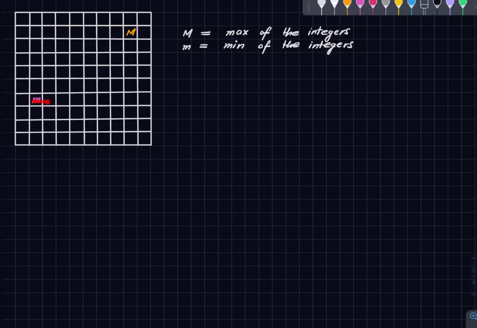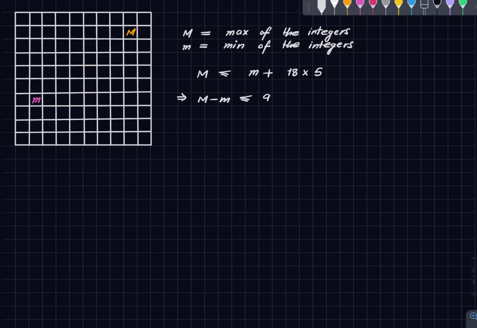So every time you're incurring a difference of increment or decrement of at most 5. So if you take this path, we see that capital M is less than or equal to little m plus the number of steps that you have taken, at most 18, times 5. That's the thing, and therefore this is the case.